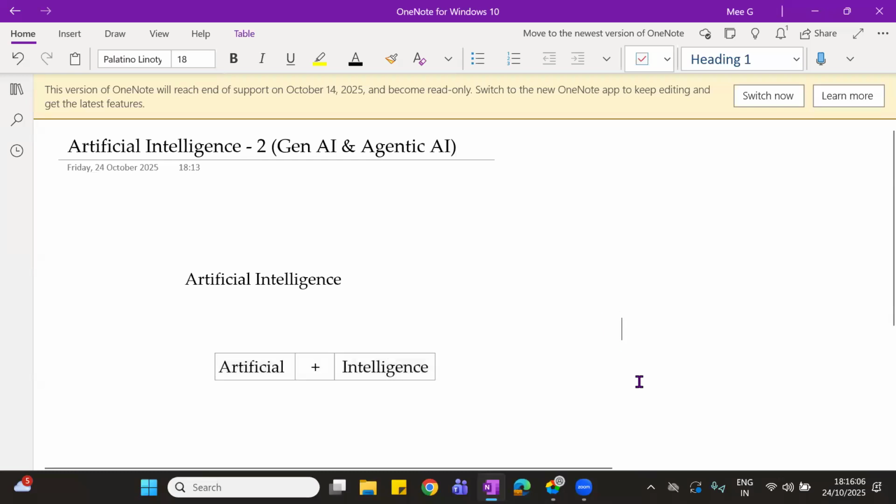See, artificial, in a sense, as humans, we are making a duplicate version of the original one, and that is called artificial. You can say it is not natural. Artificial is nothing but not natural.